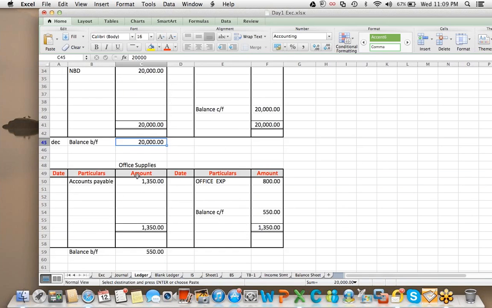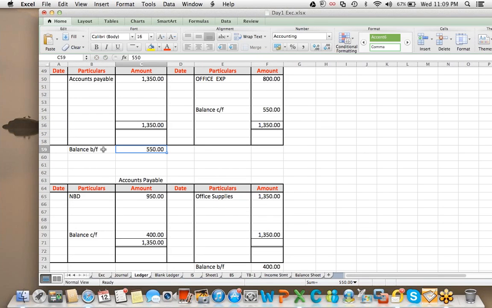The next one is office supplies account. I closed it. See, 1350 is the highest amount. I wrote it here, here as well. This is the grand total, and I deducted 800 here. 550 is the balance. 550 will be used on December 1st onwards.